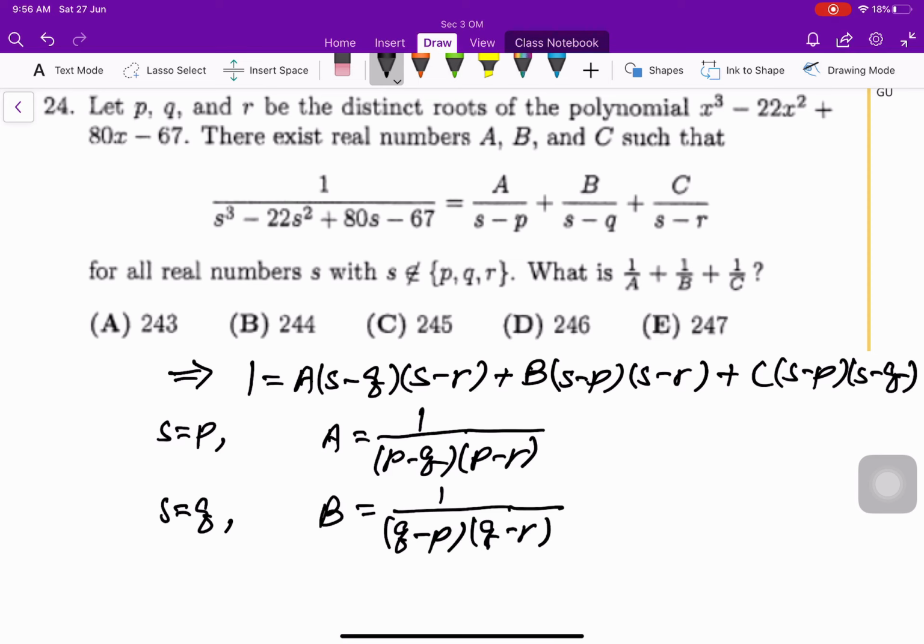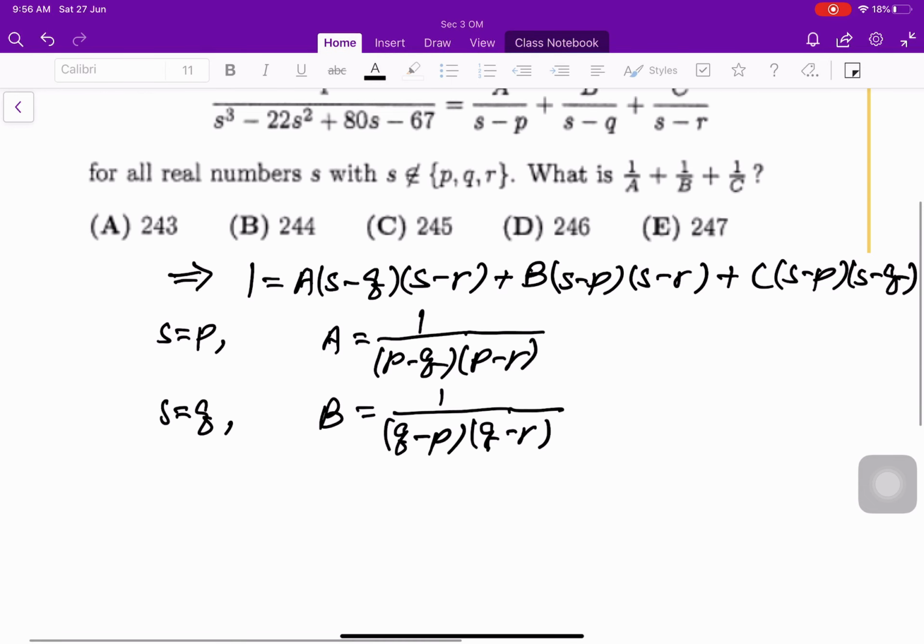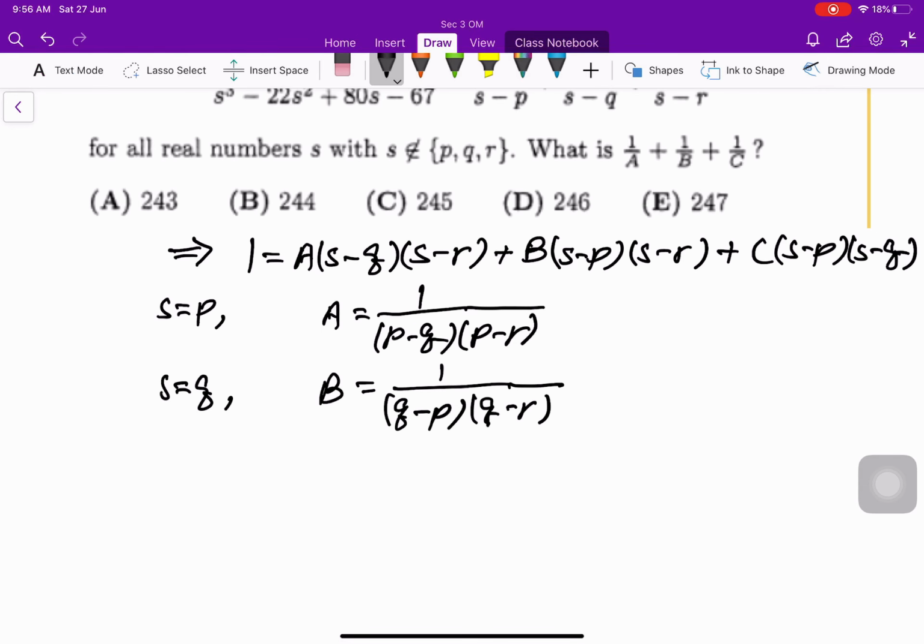Then finally, you can replace your S by R. That means S equal to R, and then you will get your C. Your C will be just equal to 1 over (R minus P) times (R minus Q). Now in this case, what does it mean?